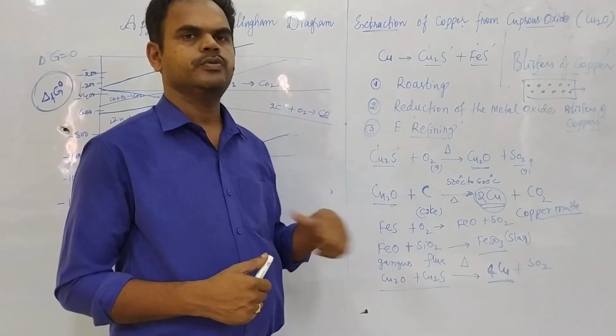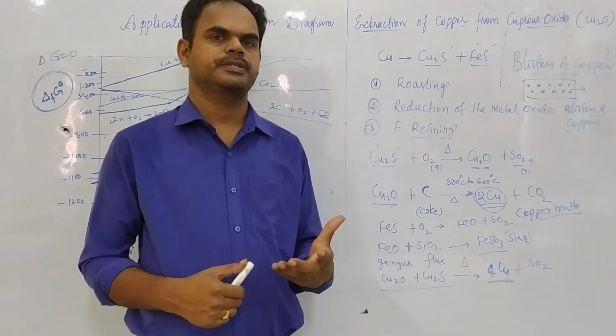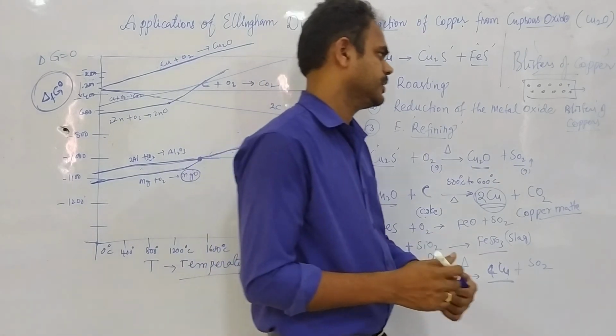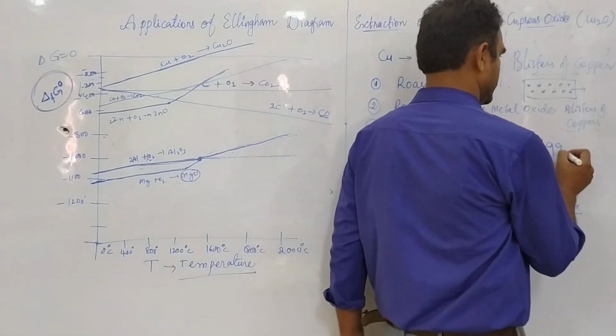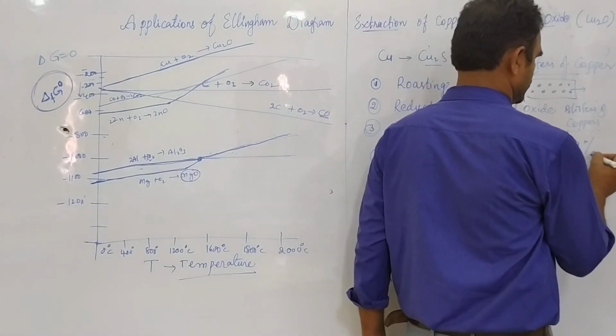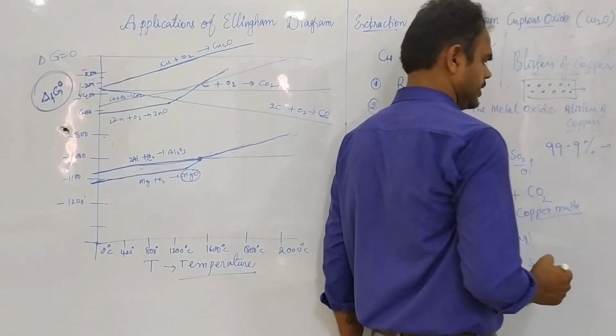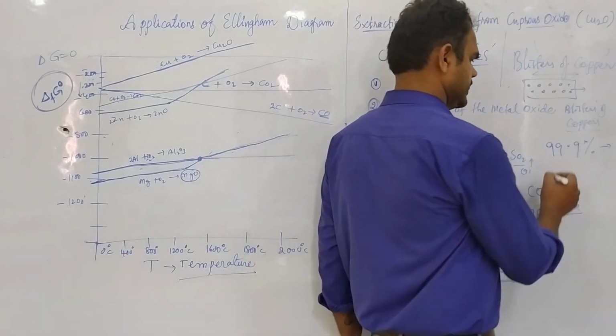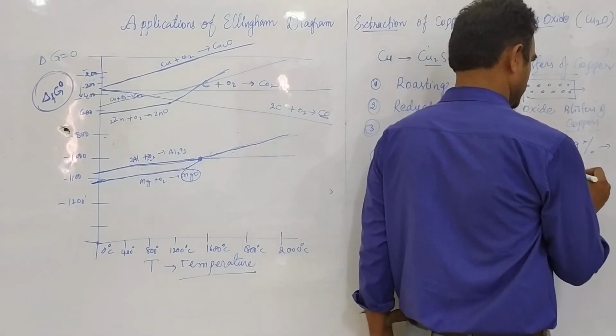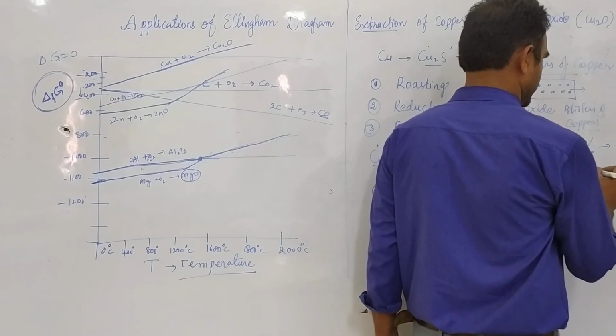And if you want to get 99.9% pure copper, then we have to use the electrolytic refining process.